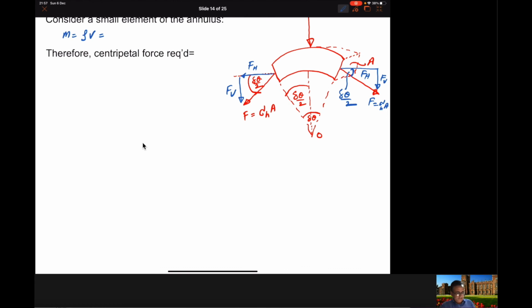So you can write the density, which is rho in this case, and to calculate the volume of this rim for this small section here, we will take the cross section area and multiply it with this distance here, which is r d theta.